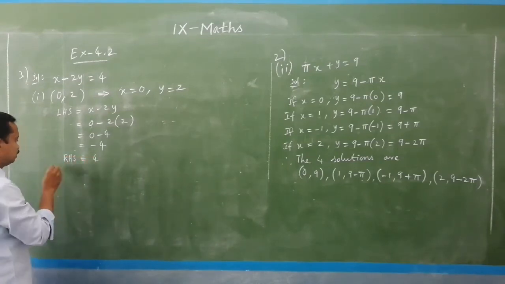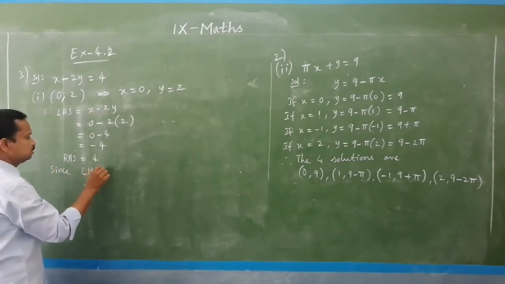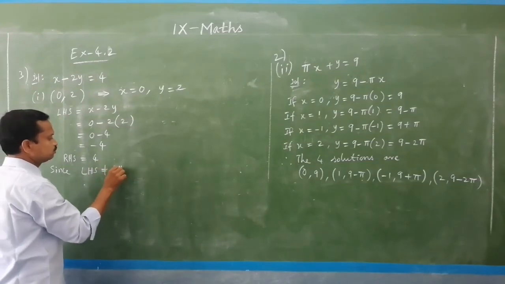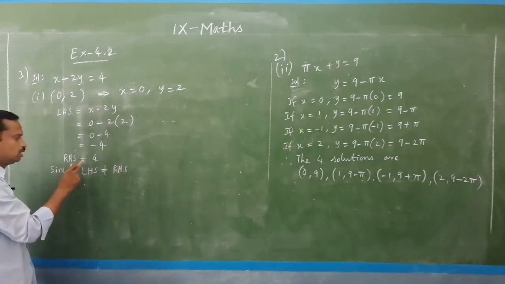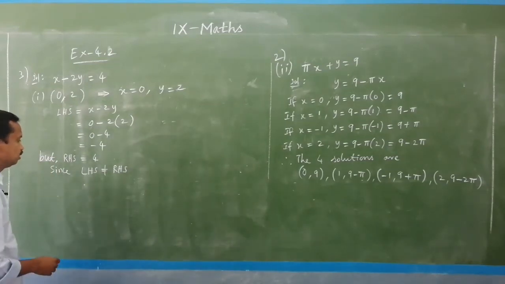Since LHS is not equal to RHS, this is minus 4, but RHS is 4, they are not equal.